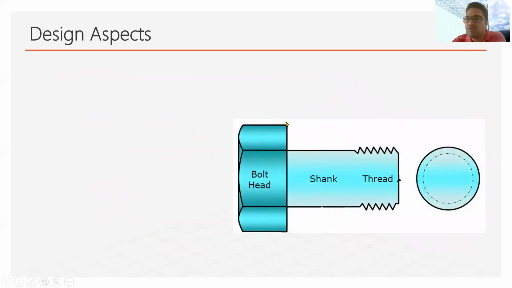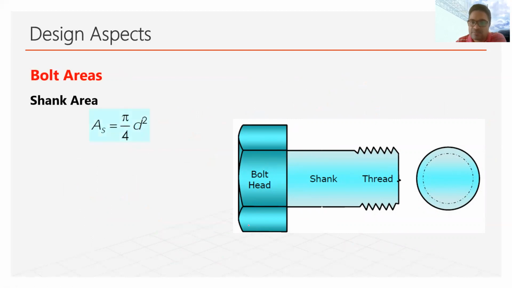Similarly, we are also required to calculate the area of bolt. Now area is of two types. One is the net effective area and the other is gross area. Now how do we calculate that? As I mentioned earlier, this will be the dia of shank, or it is also known as nominal dia of bolt.